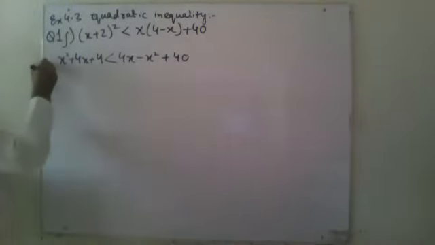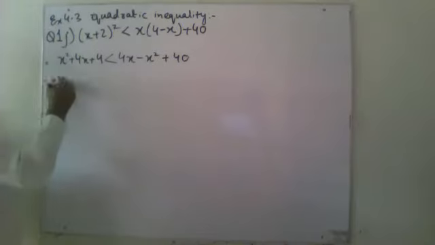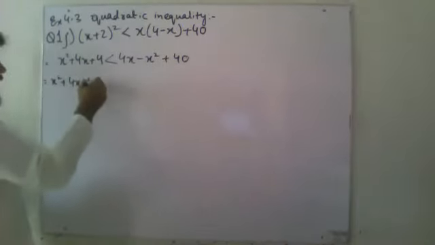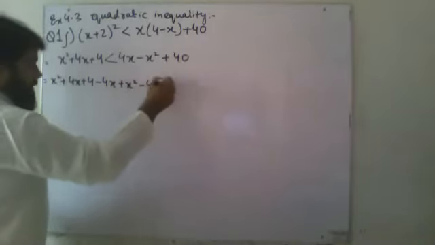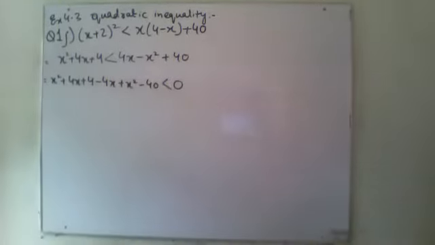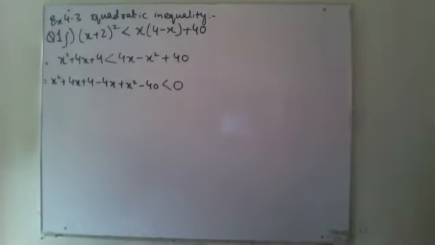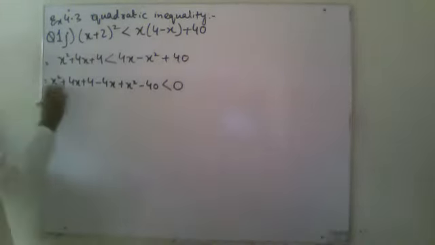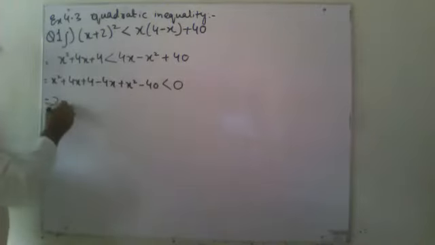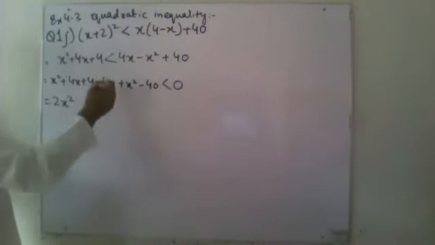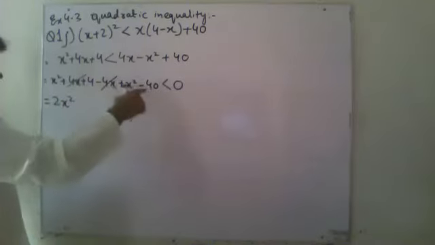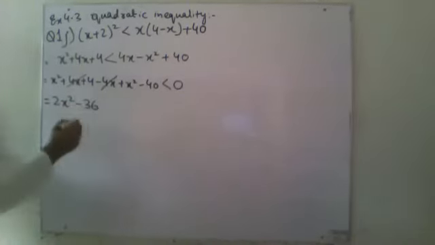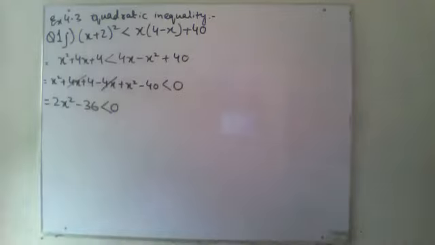Okay, x square plus 4x plus 4 minus 4x plus x square minus 40 is lesser than 0. Right? X square plus x square will become 2x square. Okay? Plus 4x minus 4x will be cancelled. 4 minus 40 will be minus 36, lesser than 0.